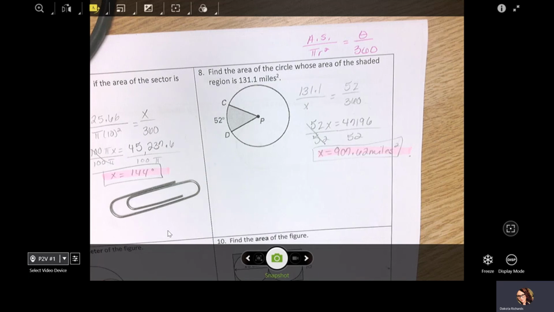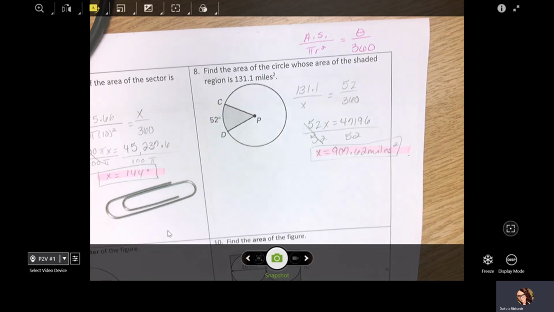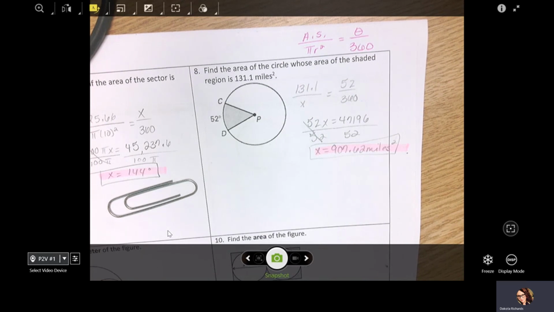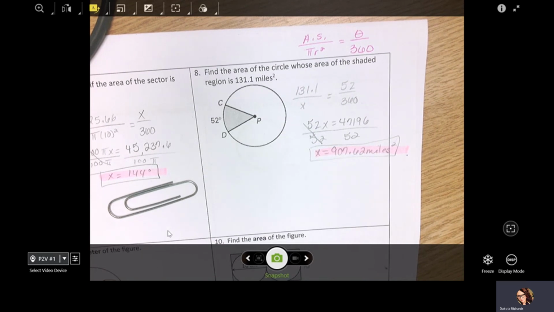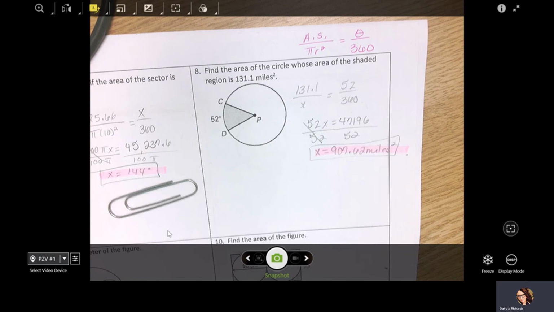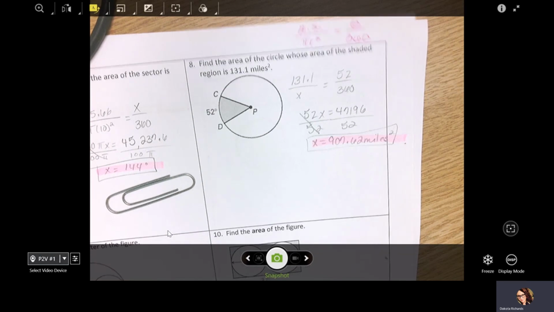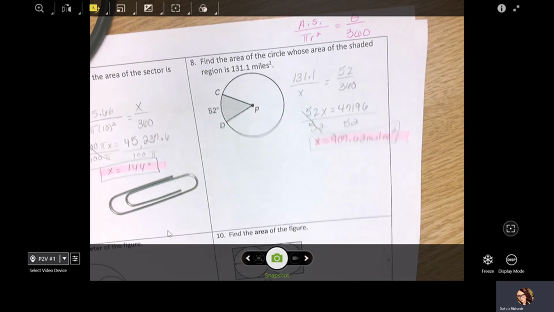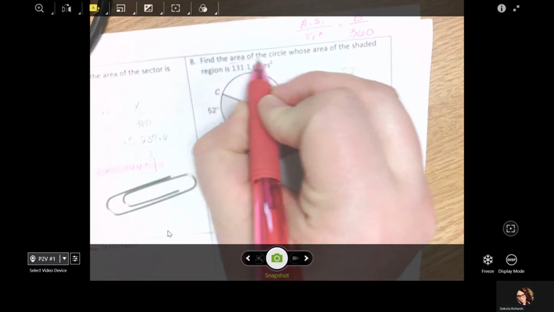The area of a sector over the area of the circle, basically, that's what pi r squared represents, equals theta over 360. So you're essentially doing part over the whole equals part over the whole, and then you cross multiply. So number 8, it says find the area of the circle.